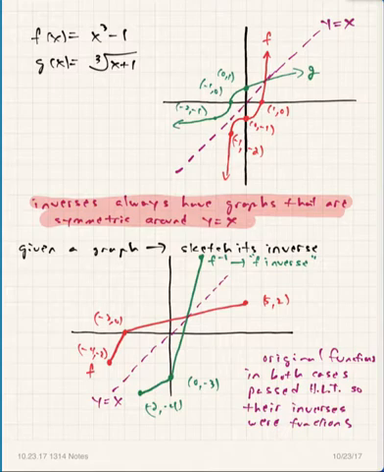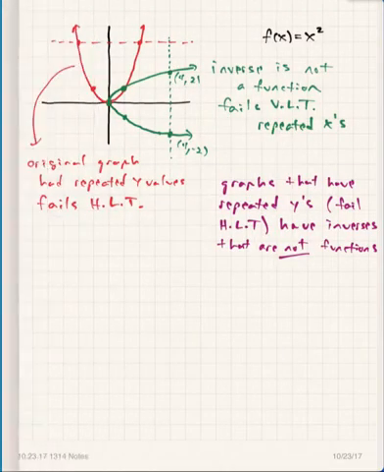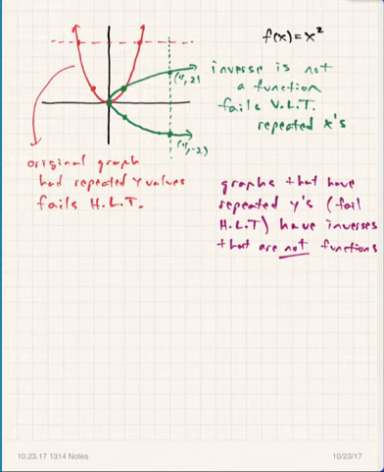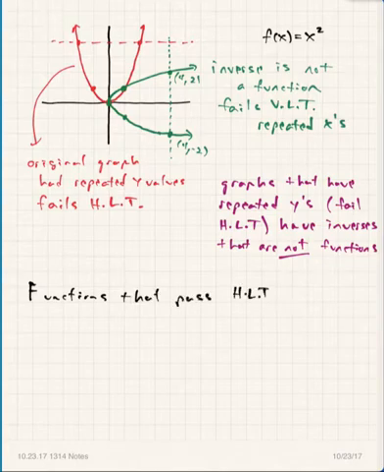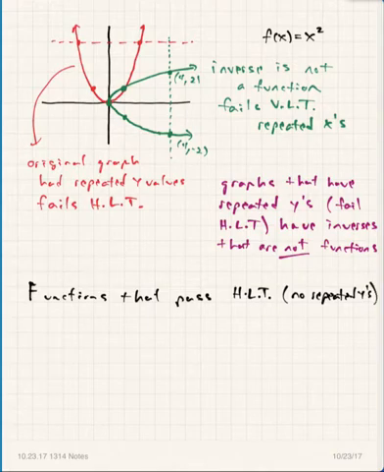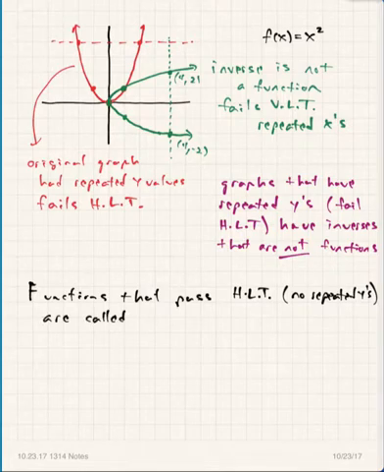So functions that pass the horizontal line test, in other words, no repeated y values, are called, first of all, one-to-one functions.